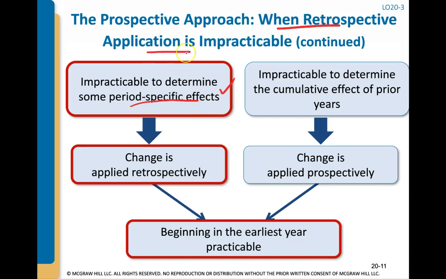This is when a retrospective application is required, but we can't really implement it, whether because we don't have the information, or in this situation, we have the cumulative adjustment, but we just cannot break it out into the different years specifically. So in that situation, you apply it retrospectively to the earliest year practical, or the earliest year that you have that information for.